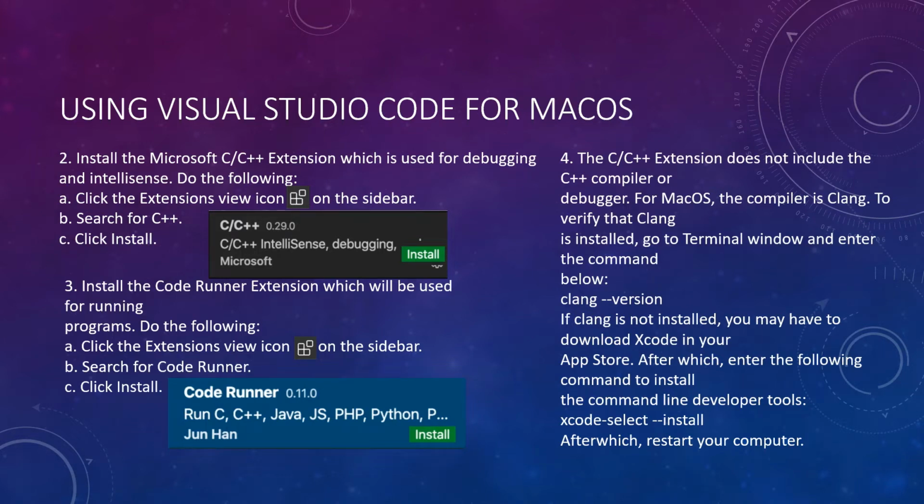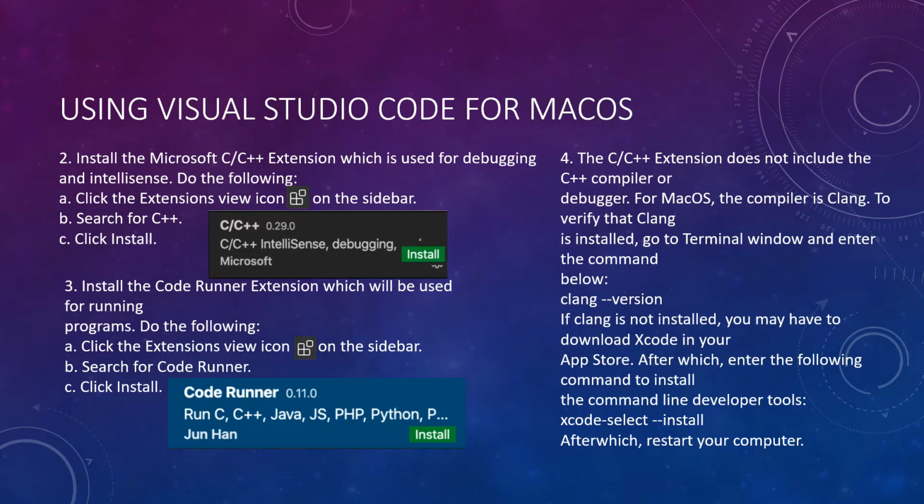Click the extensions view icon on the sidebar, then search for C++. Click Install. After installing, install the Code Runner extension which will be used for running programs. Click the extensions view icon on the sidebar again, search for Code Runner, and then click Install.